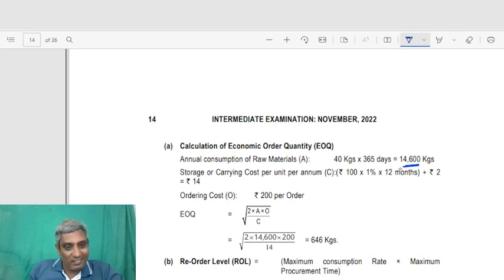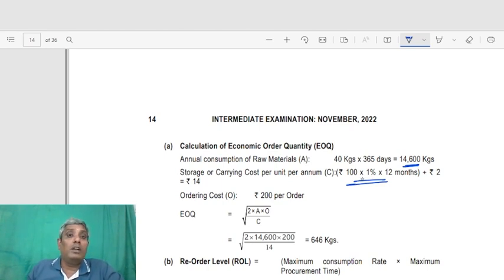Is it not? Great. Now storage cost, see here, 100 into 1%, but multiplied by 12. Very important. Plus 2 rupees, which is per annum. So storage cost per unit per annum. At EOQ, normally ordering cost and carrying cost will be the same. Ordering cost and storage cost will be the same.